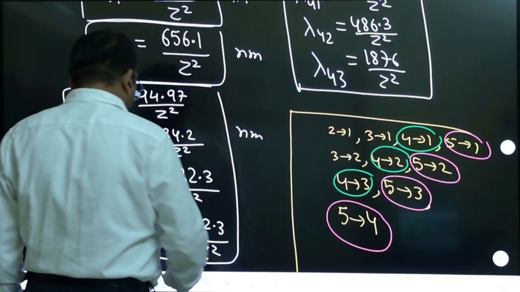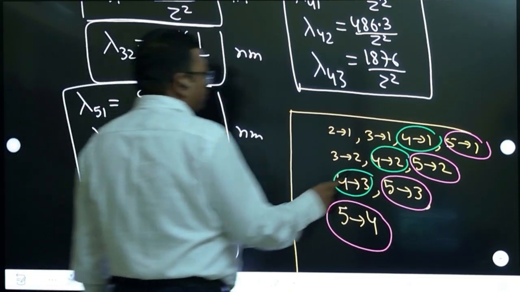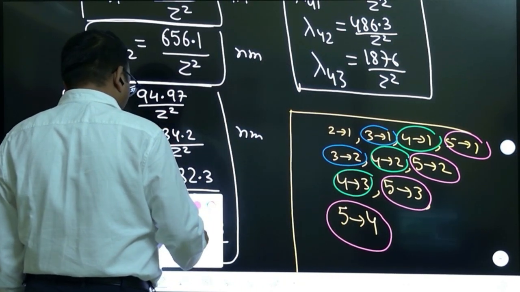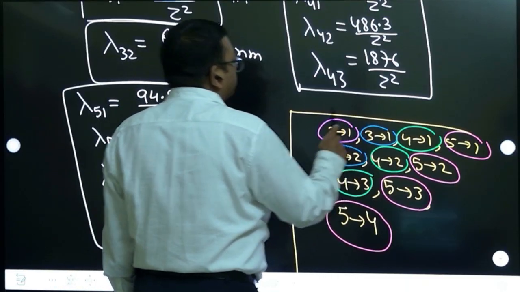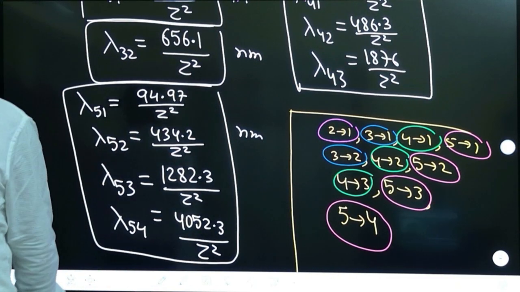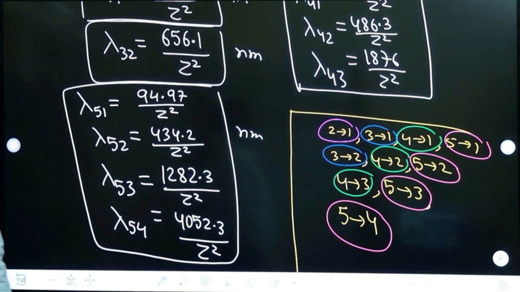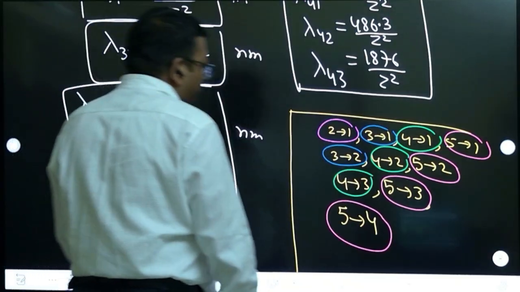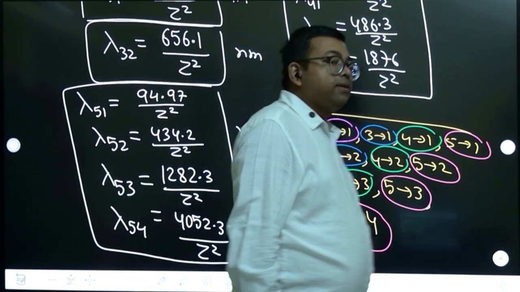Starting from 3: 3 1, 3 2. Starting from 2, there is only one possibility, 2 to 1. So better remember these wavelengths and this formula which is given. Otherwise, we know how to derive it. Done.